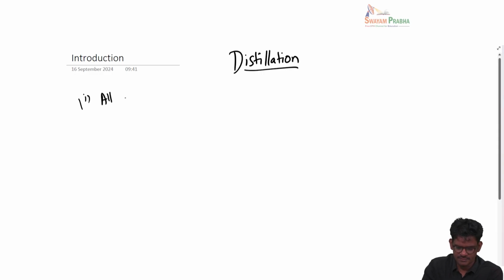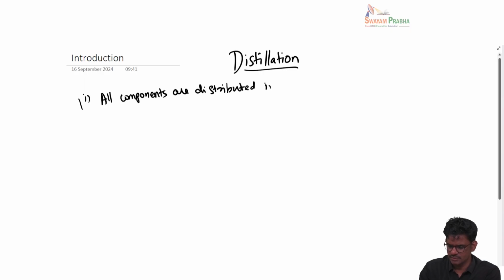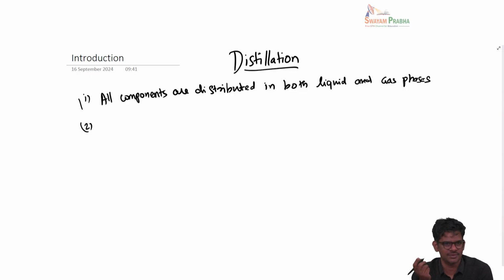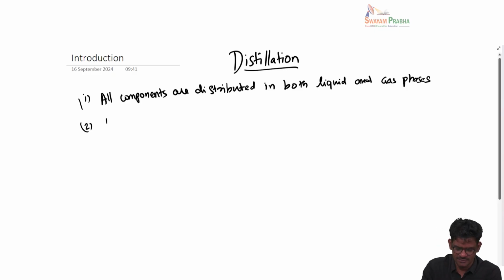All components are distributed in both liquid and gas phases. Even though we say both components are distributed in both phases, the distribution is unequal. One component is distributed more in gas than in the liquid. So, the distribution is unequal.